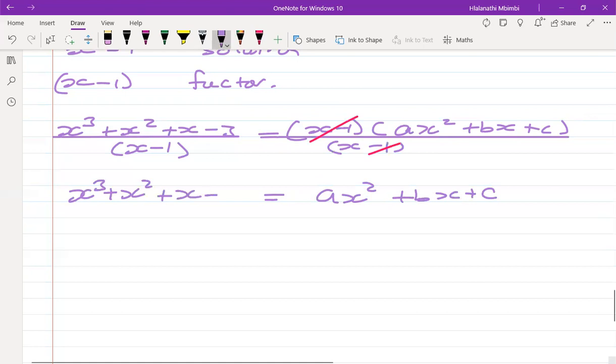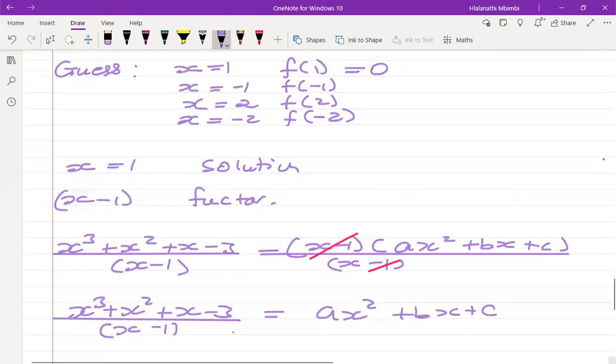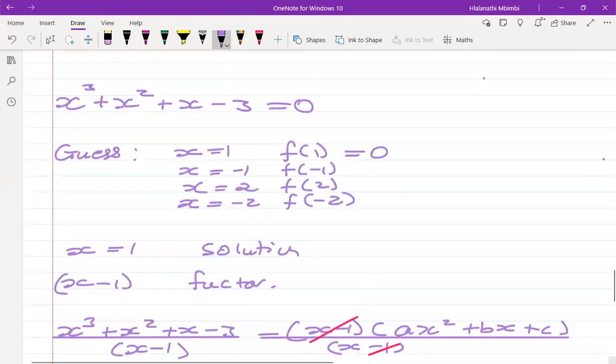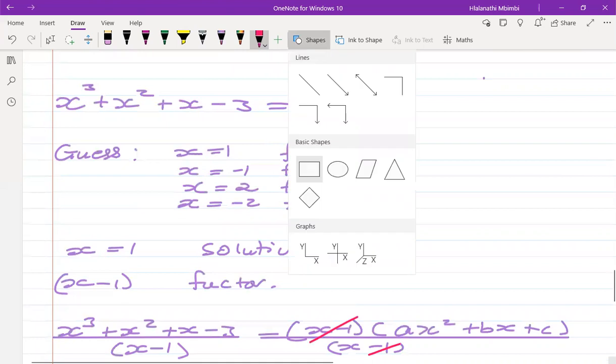Vanana, are we understanding each other? Wait, sir. Yes. Where do we get our x cubed plus x squared minus x minus 3? Where do we get that? Because it looks like it's our actual.